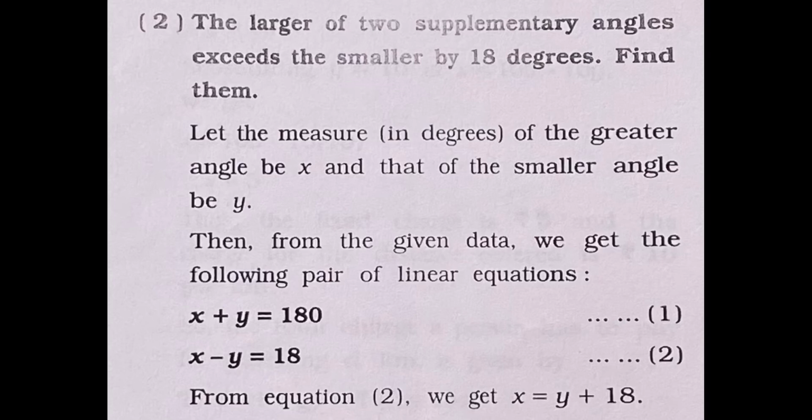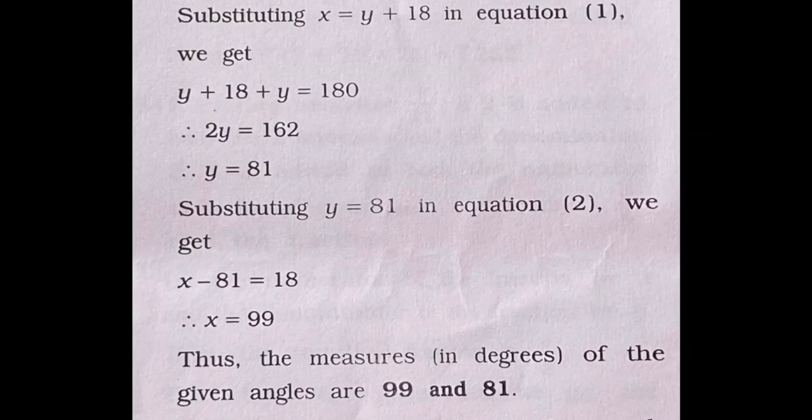Let us solve these equations by the substitution method. For this, we'll obtain the value of x from equation number 2. So from equation 2, we will get x is equal to 18 plus y, or you can say y plus 18. Substituting the value of x obtained from equation 2 in equation 1, we'll get y plus 18 plus y is equal to 180.